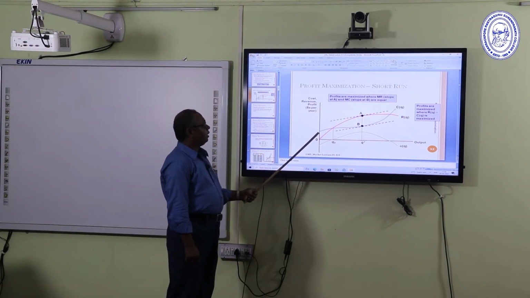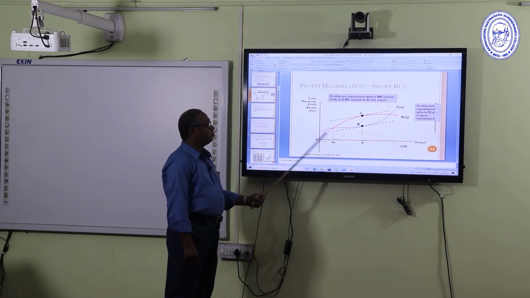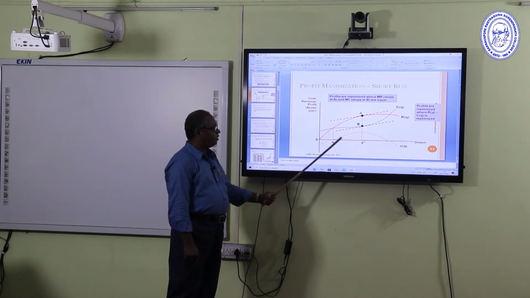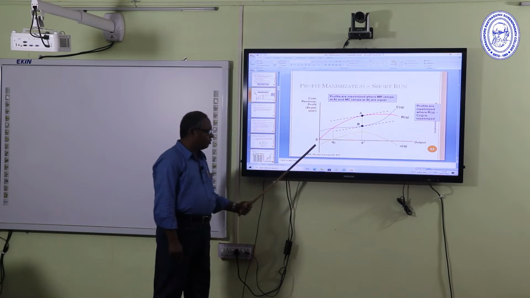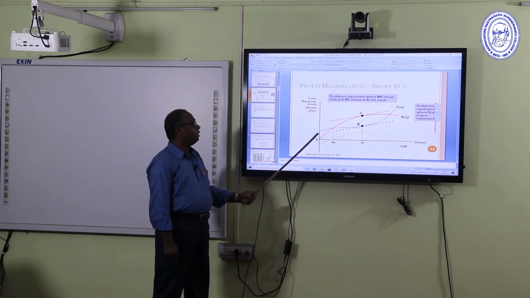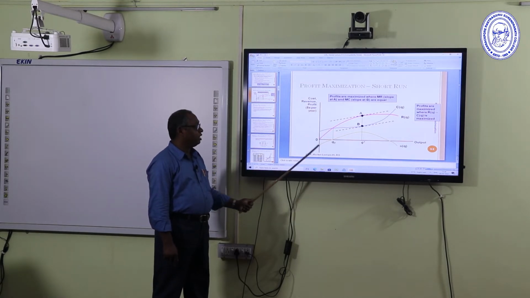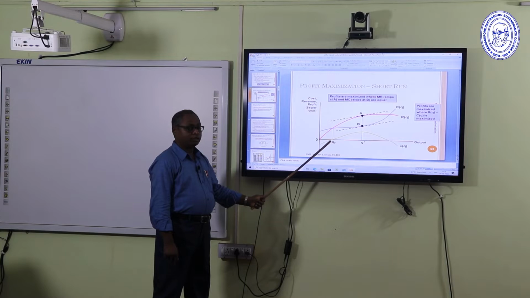Before Q0 output, cost is higher than revenue, so profit is negative. So the profit function, the yellow one, starts from here, and if we increase output, the cost and revenue come continually closer to each other, till at Q0 output profit turns from negative to zero.